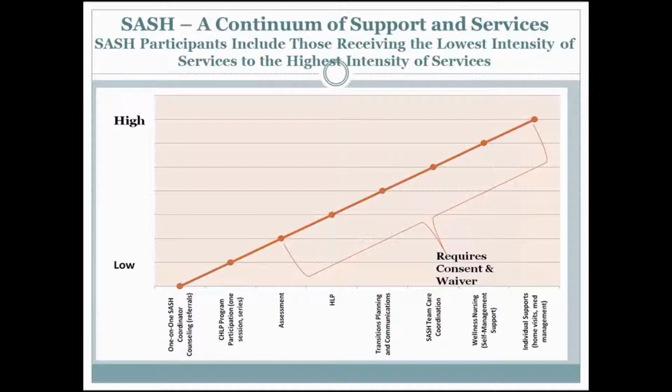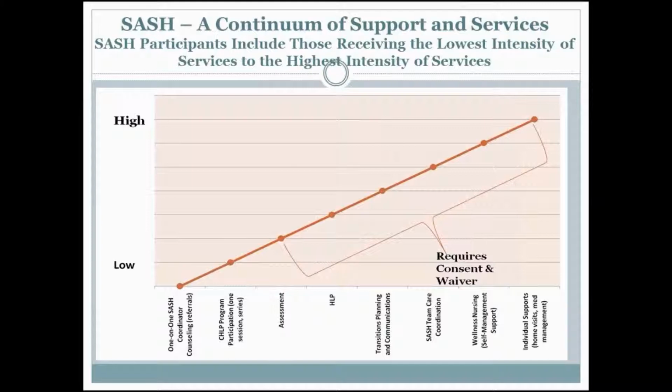They're not going to be talked about at the SASH team meeting. They're not going to be assessed by the nurse. There's not going to be private health information that's exchanged. So that's why there is this ability to provide kind of this automatic low-level benefit to SASH participants that live in your housing hub site that aren't interested in signing on the forms to have access to the full benefits.